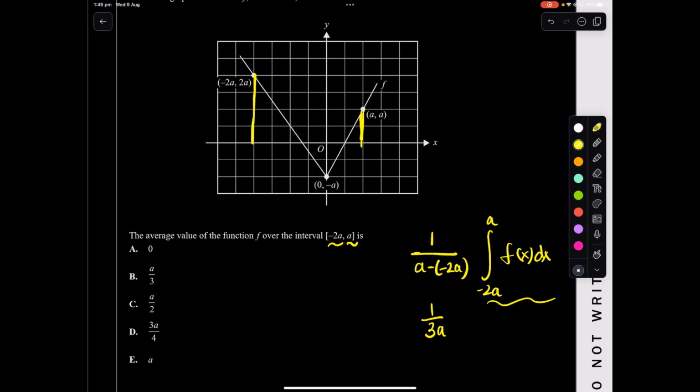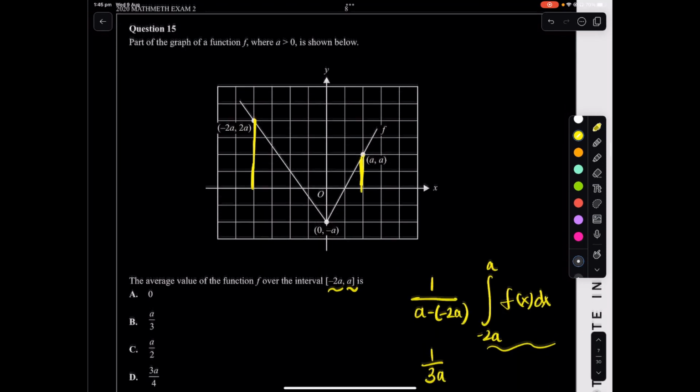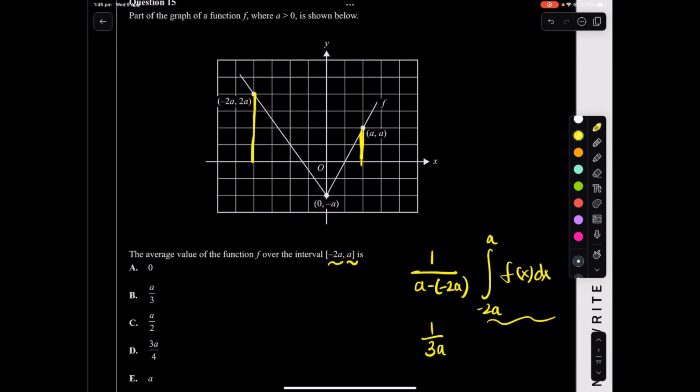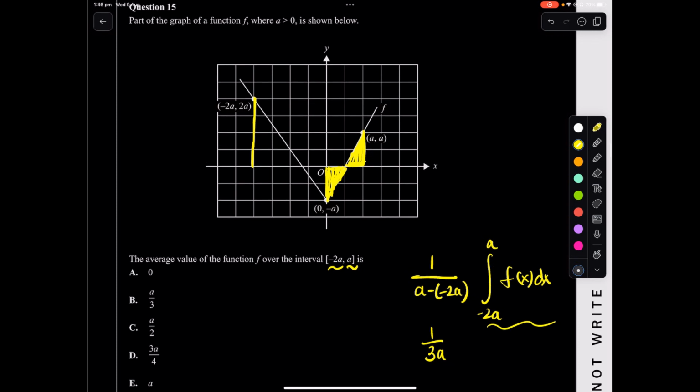Okay. They don't even give us the function, so what can we do? This area over here is the same as this area over here, so they'll cancel out to be 0. So we don't even need to worry about those. Is there anything else we can cancel out?